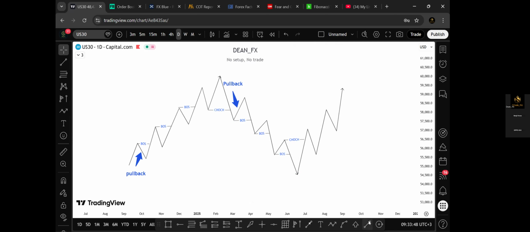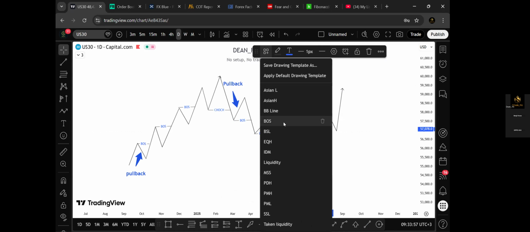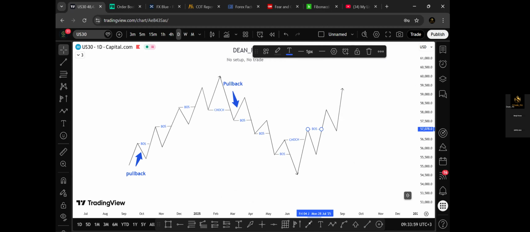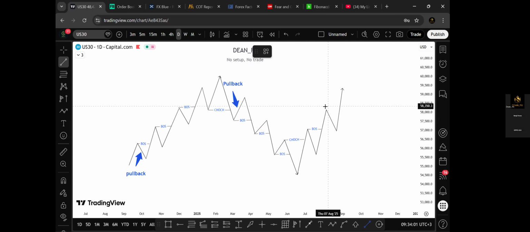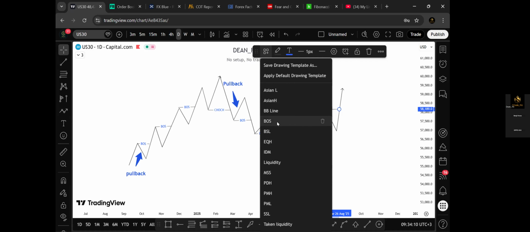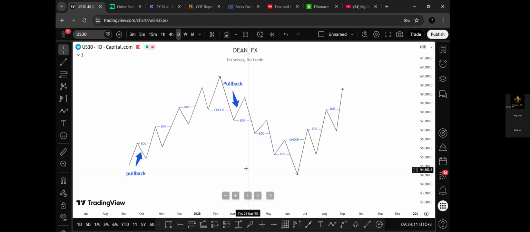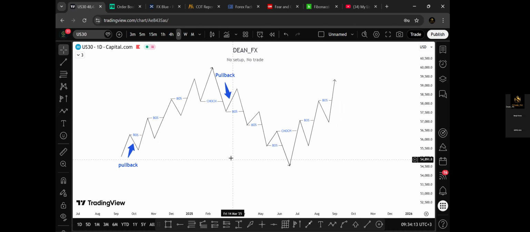Now we can turn again, seeing the break of structures. These are the break of structures. So, as I mentioned earlier, sometimes when people say, for example, let me use this.